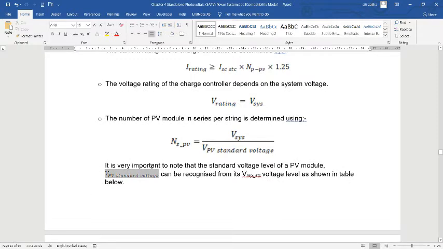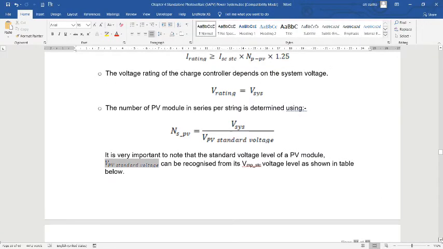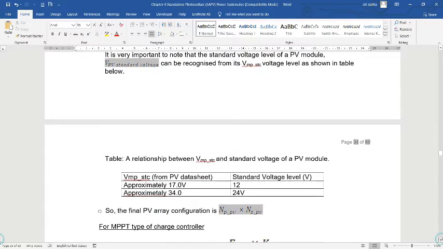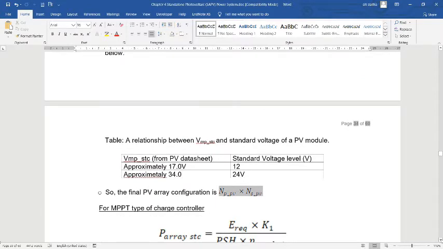So it is very important to note that the standard voltage level of a PV module, VPV standard voltage, can be recognized from its VMP STC, voltage at maximum power at STC, voltage level as shown in the table below. So you need to check in the datasheet of your PV modules.